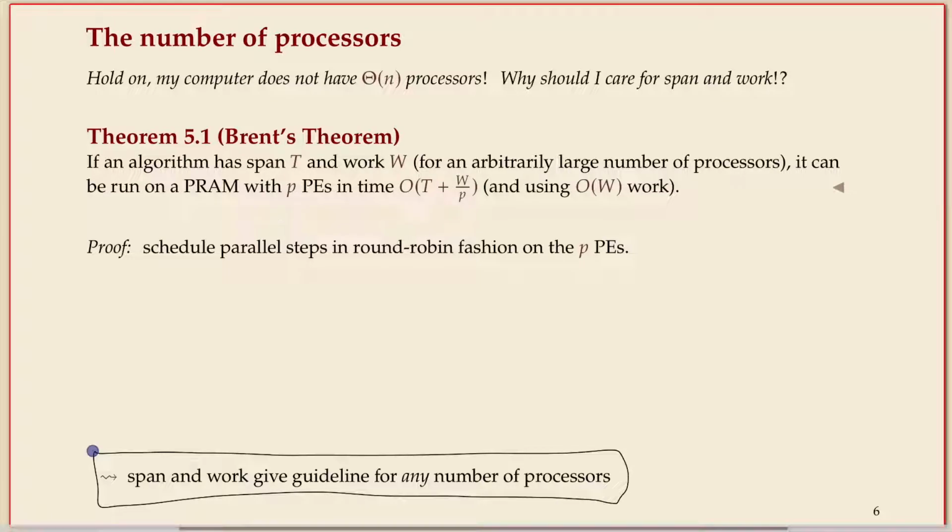If you have a theoretical algorithm on the PRAM that assumes whatever number of processors, it is actually a family of algorithms that could be tailored to any number of PEs. And if you know the work and span of this theoretical algorithm with as many processing elements as you want, you can always translate it to real time and work bounds for a specific number of processing elements.